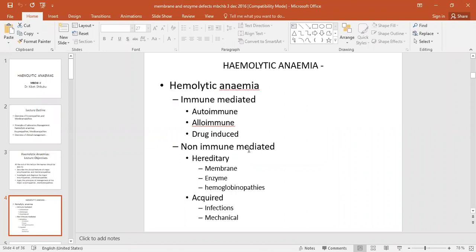Among the hereditary causes, if we look at the red cell from a structural perspective, there are three major areas. You can look at the outer structure, which is the membrane. Remember, the red cell is anucleate. There is no nucleus in a red cell, and so for it to survive, it requires enzymes, which are essential in sustaining the red cell.